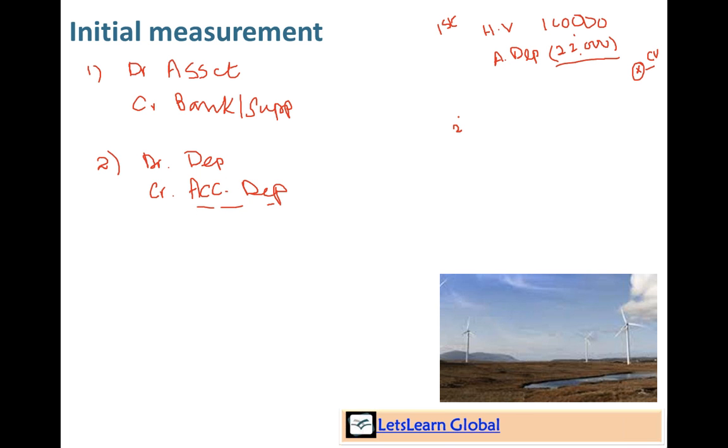Second year. Again in the balance sheet, your historical value will remain the same, 110,000. Historical value means the cost of acquisition less accumulated depreciation. Last year 22,000 and current year 22,000 will become 44,000. And you will have the carrying value here, the second year carrying value.